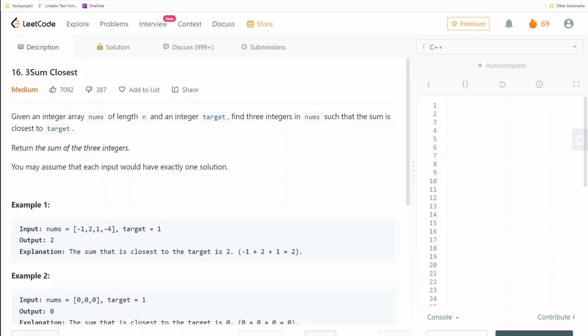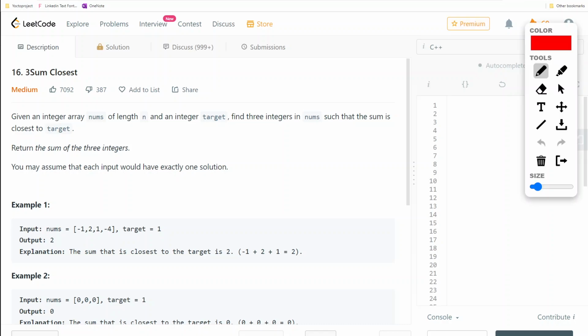If we compare two sums with each other, here if we take two sums, this one and this one, what would be the sum of this? That is 2. And what would be the sum of this? That would be 3, right? The differences are minus 2 and minus 1. So when we compare these two sums, who would be the closest?